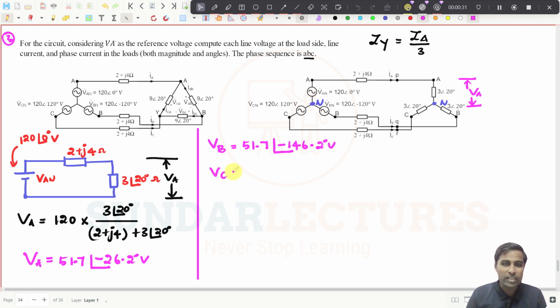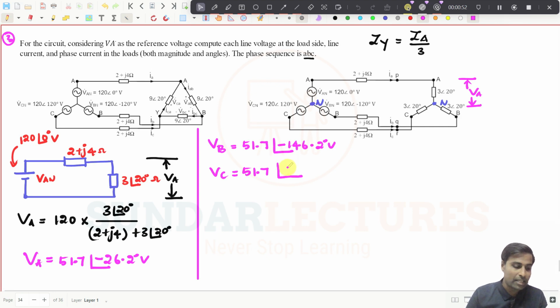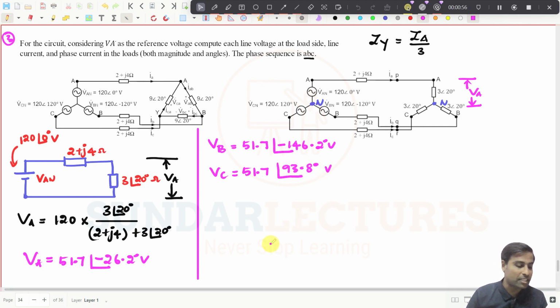So VC, the phase C voltage, has the same magnitude, 51.7 at an angle of, putting plus 120 degrees here, what will I get? I will get plus 93.8 degrees volt. Simply we have found these values.